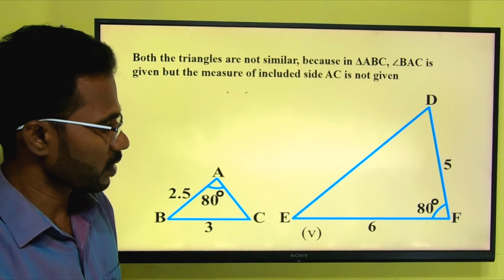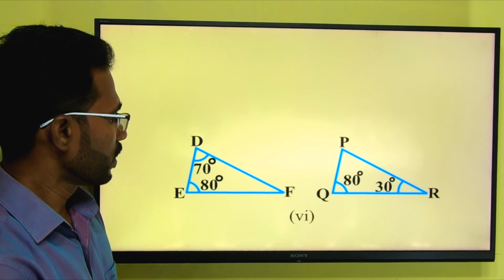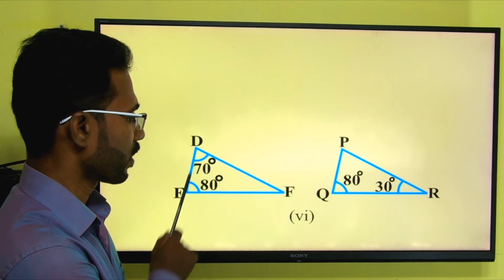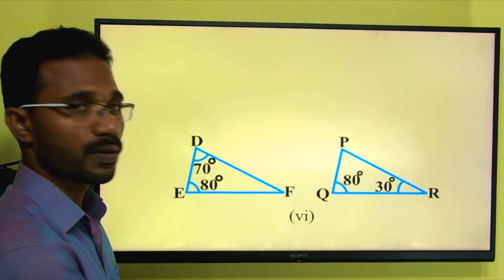Okay, the last one, 70 degree, 80 degree. The sum of the angles of a triangle is 180 degree.